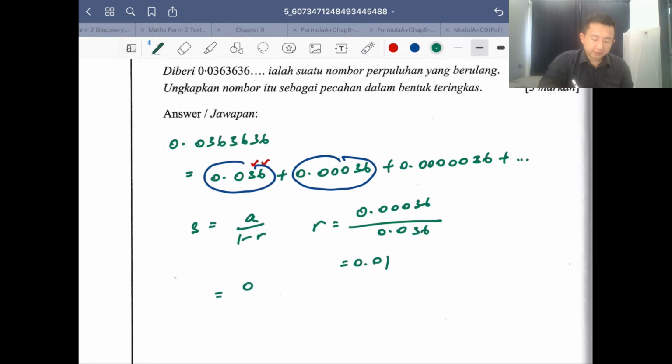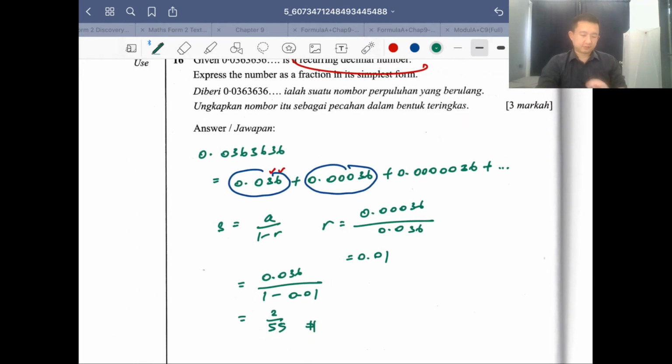You put in the a, the r. You should have the answer in fractions. Two over 55. Okay.